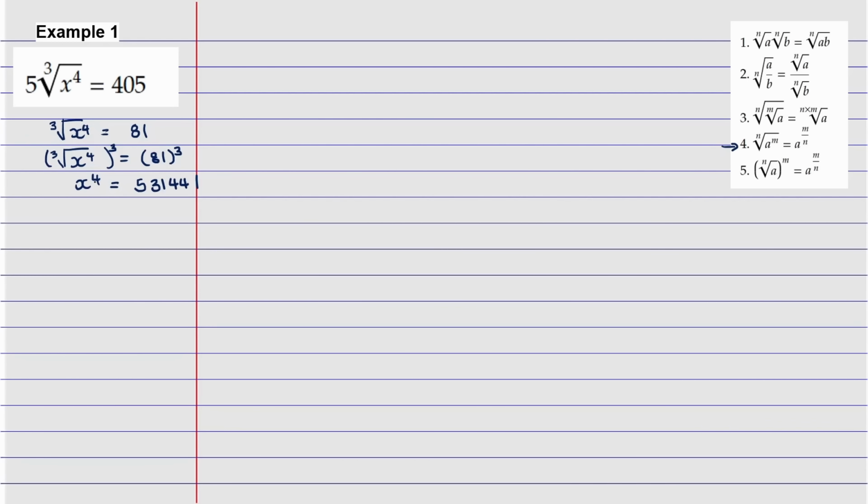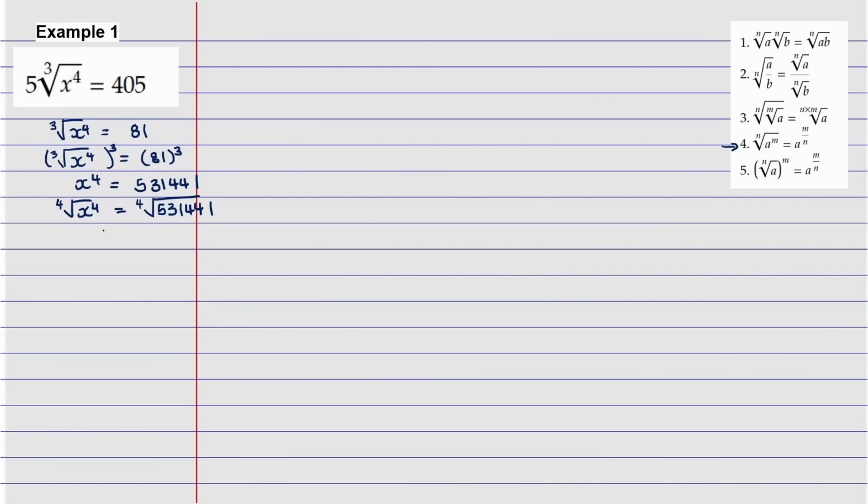Now I want to get rid of the 4, so what I'm going to do is take the fourth root of everything, right? So this is going to be equal to the fourth root of 531441 also.